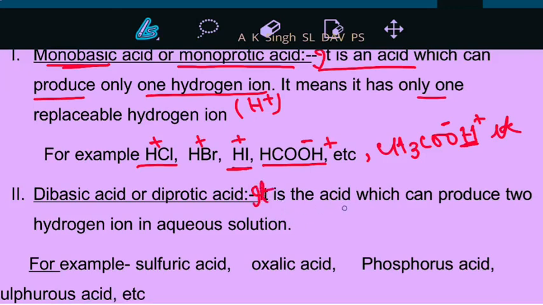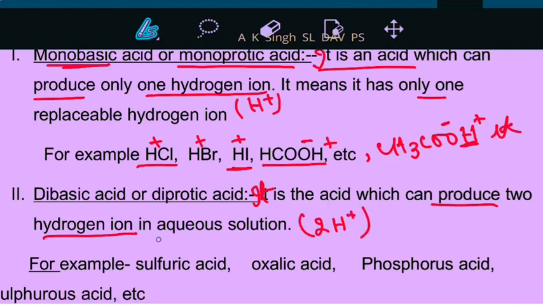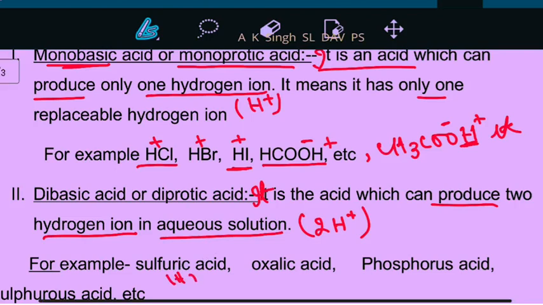It is the acid which can produce two hydrogen ion. Means it produces two hydrogen ion in aqueous solution. For example, sulfuric acid, that is H2SO4. It produces two hydrogen.